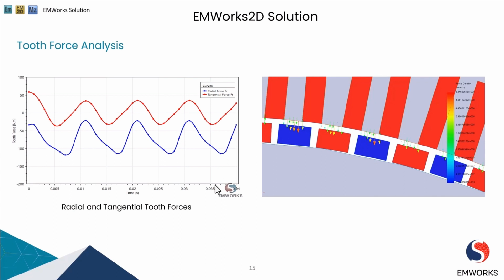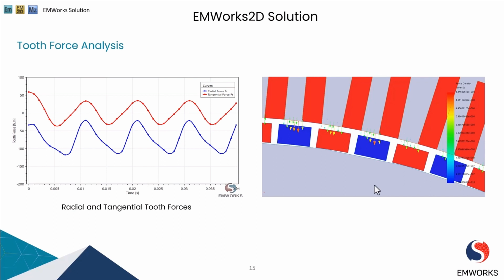Within tooth force analysis, two primary components of interest are the radial forces and the tangential tooth forces. Radial tooth force acts perpendicular to the tooth surface, while tangential tooth forces act tangentially to the tooth.